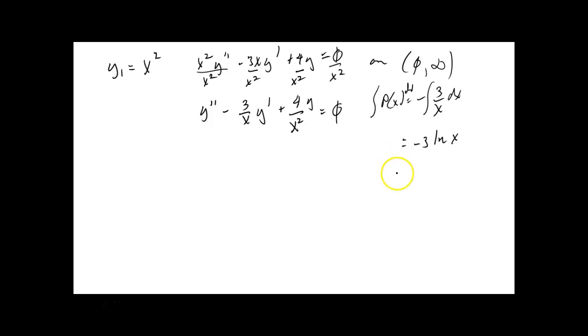So then we do the e to the 3 log x, which is the same as e to the log x cubed. Well, e to the log x cubed is just merely x cubed, because the e undoes the log, log undoes the e.